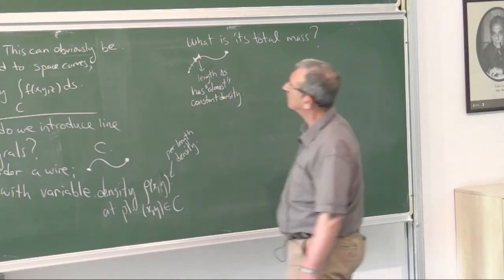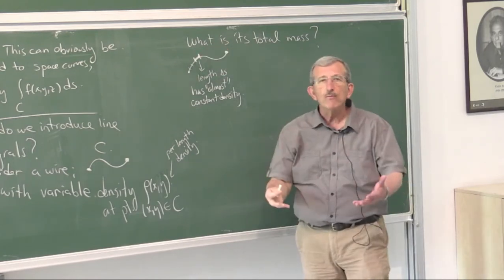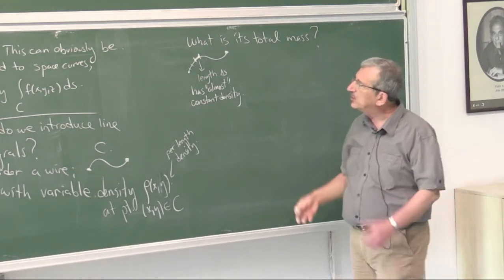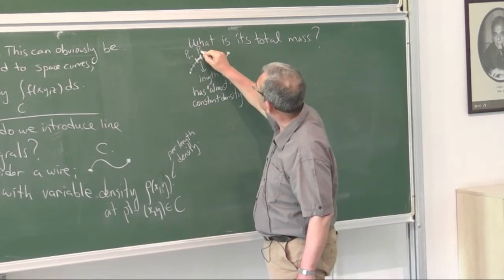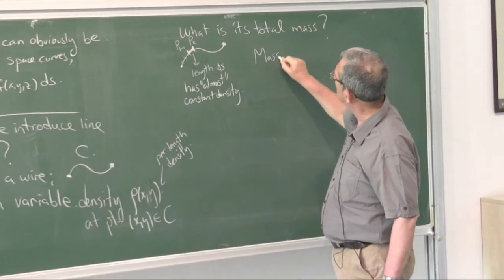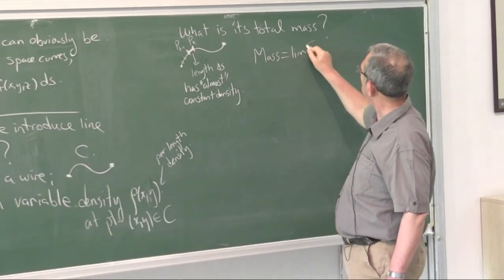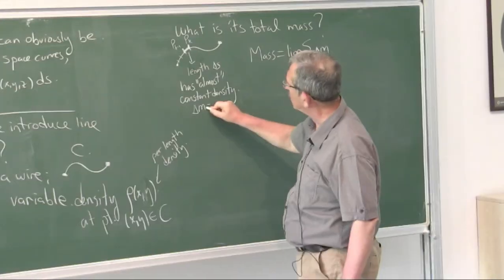Okay. But from this point to this point, when you move, you are changing from p_{k-1} up to p_k. So the total mass is the limit of the masses that you can check here.